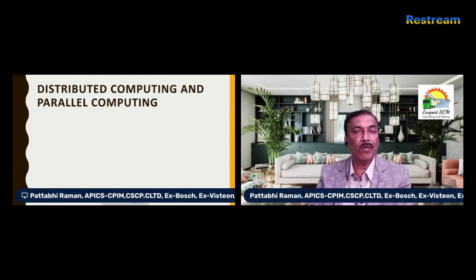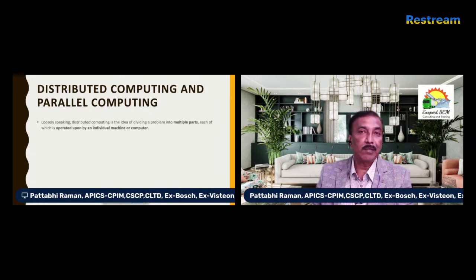Many of them are open source software, but if you want to work on big data, you need something called distributed computing and parallel computing, which means the same task can be distributed across various users, and work can happen in parallel. So it cannot be loaded in one system; it has to be loaded in multiple systems and multiple users can work. This is where big data comes into the picture.